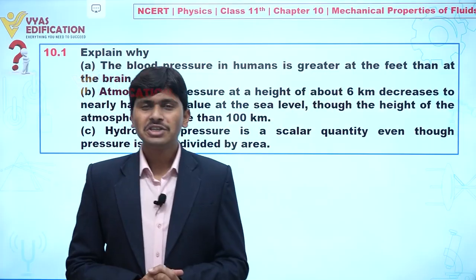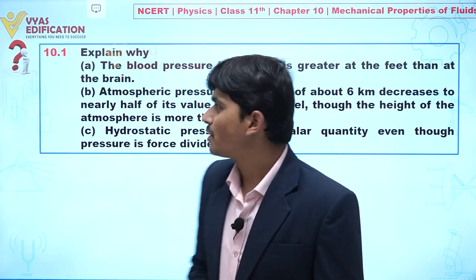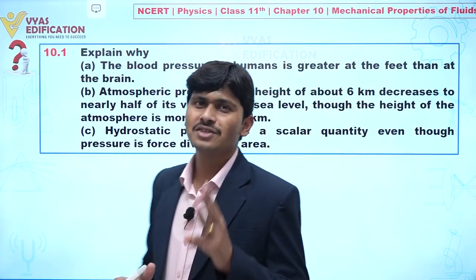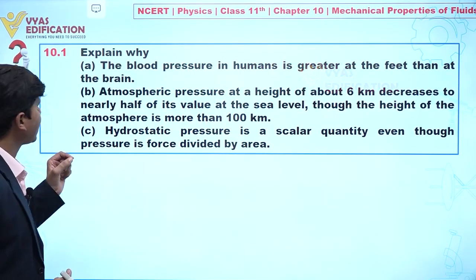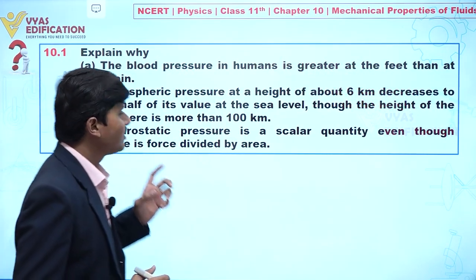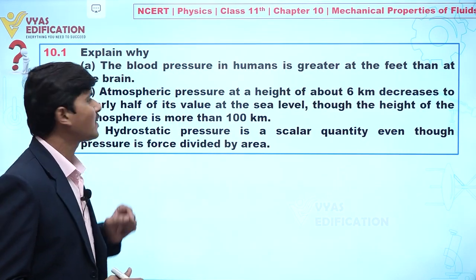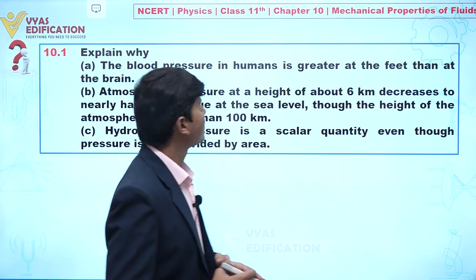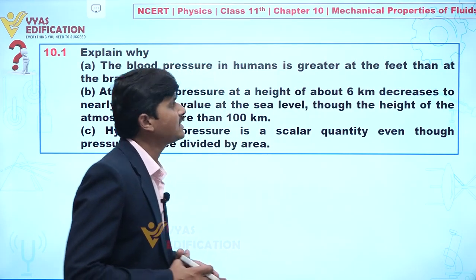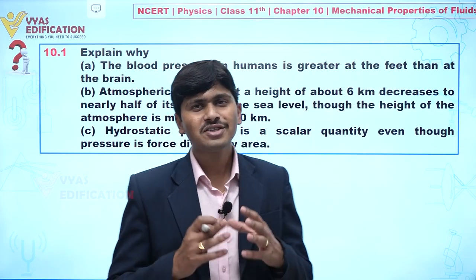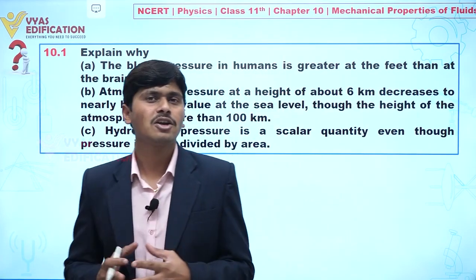Let's start. Now dear student, we are going to discuss question number 10.1, and in this question we have three parts: A, B and C. It is asked to explain why the blood pressure in humans is greater at the feet than at the brain. This is actually a logical question.